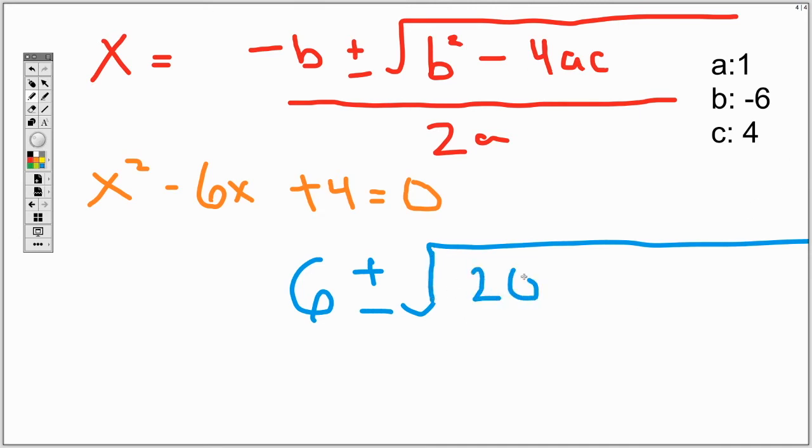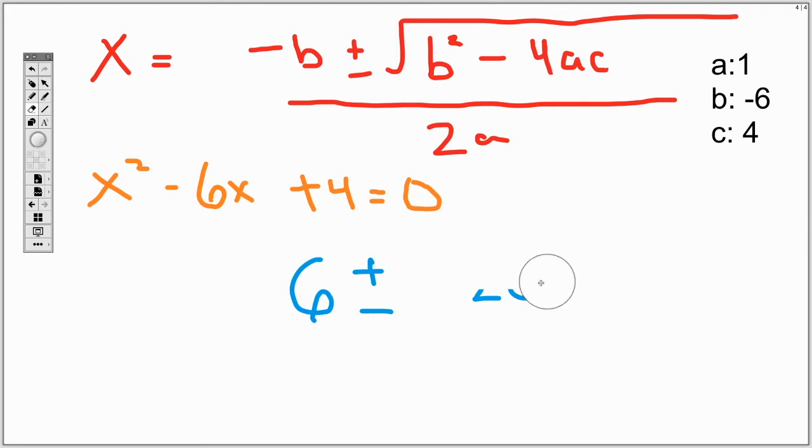Square root 20. If you know how to simplify radicals, then go ahead. But for time purposes, this square root 20 could be simplified to 2 square root 5. It's just another, simpler way to write square root 20.